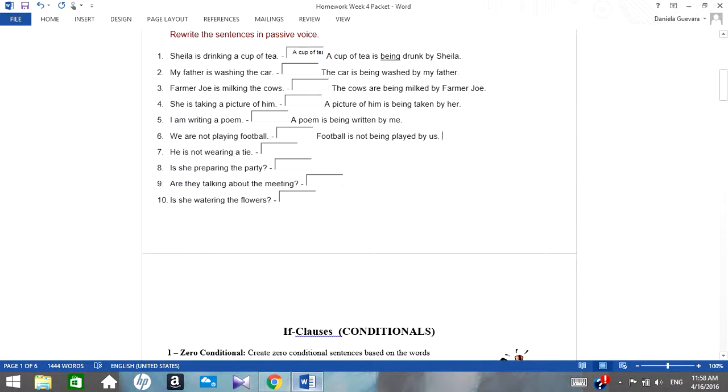So remember the not, if it's negative in the present progressive, make sure that you're putting not after is and before being. He is not wearing a tie, so a tie is not being worn by him.